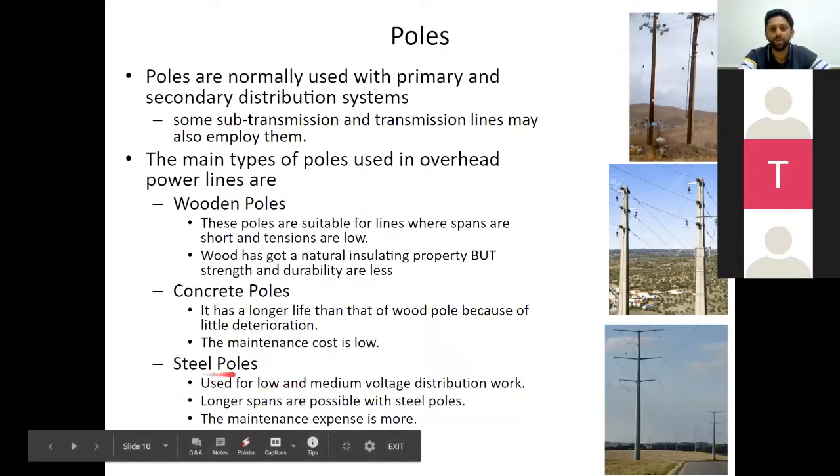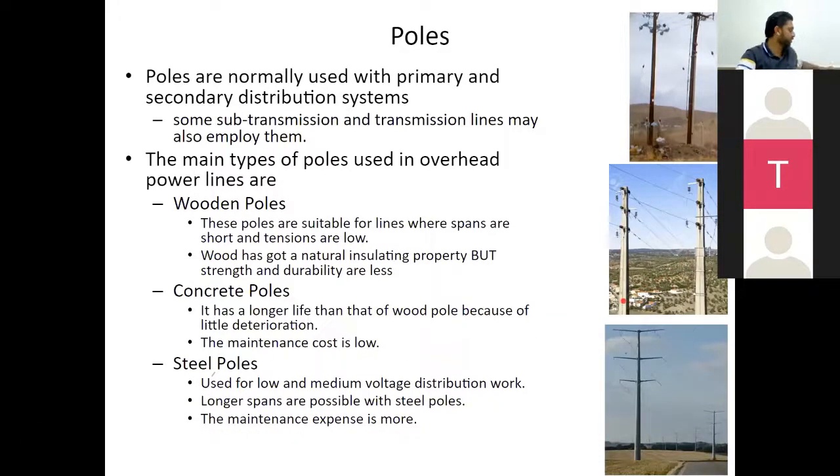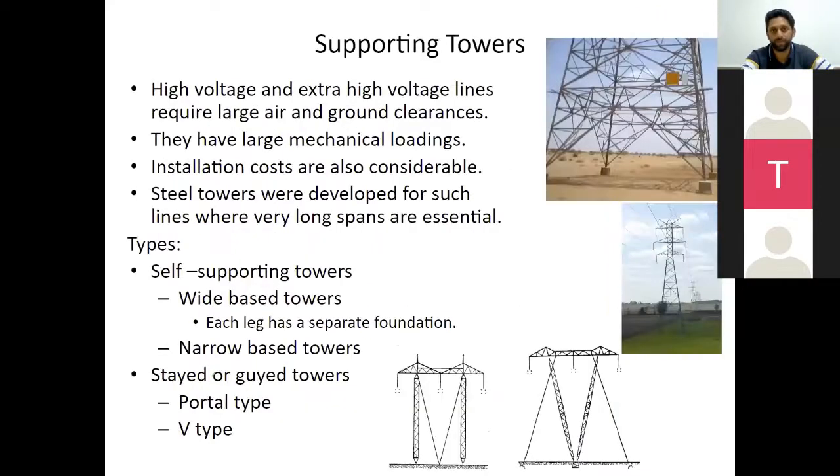The steel pole's main problem is it is costly, and it needs maintenance, expense is more, proper painting is required, otherwise it will get damaged. But it will provide a longer span because it is stronger than concrete, so it will give you more span, so cost will be reduced.